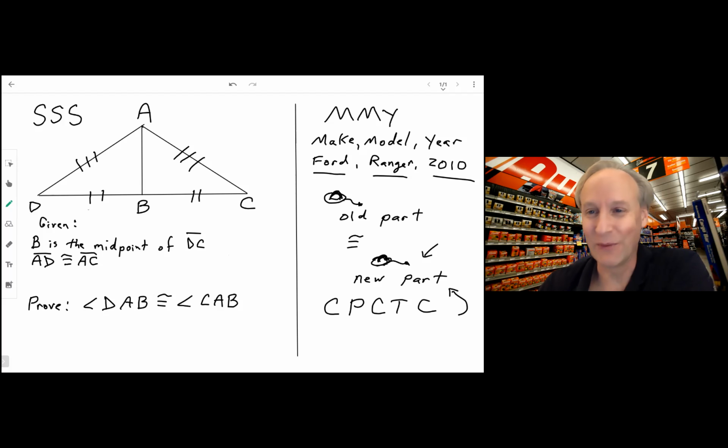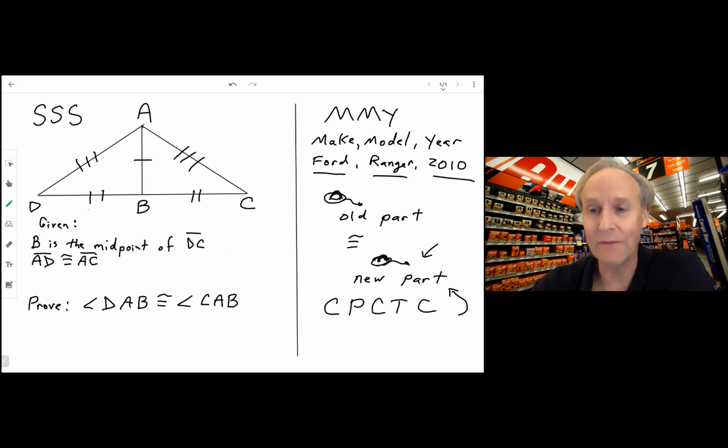Now, there's one final one that's a really silly one, and a lot of people don't get why you're supposed to say this. Well, clearly, AB is the same size as AB, and that's called the reflexive property. They're reflections. I mean, it's the same thing. AB is the same as AB, duh.